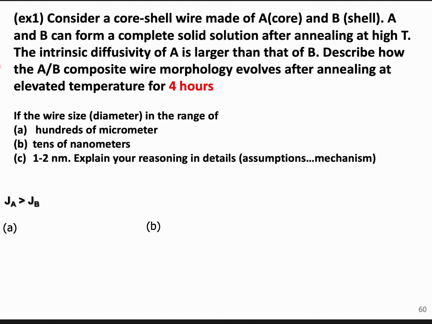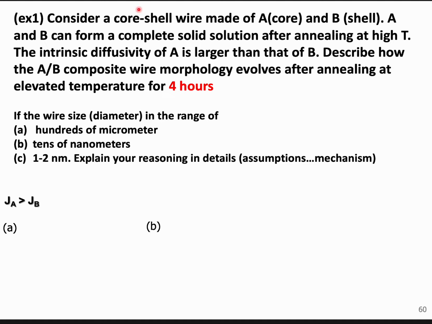So describe how the AB composite wire morphology evolves after annealing at temperature for 4 hours. We hope you can draw the morphology of this wire if the size of the wire is hundreds of micrometers, tens of nanometers, or 1 to 2 nanometers. Explain your reasoning in detail.